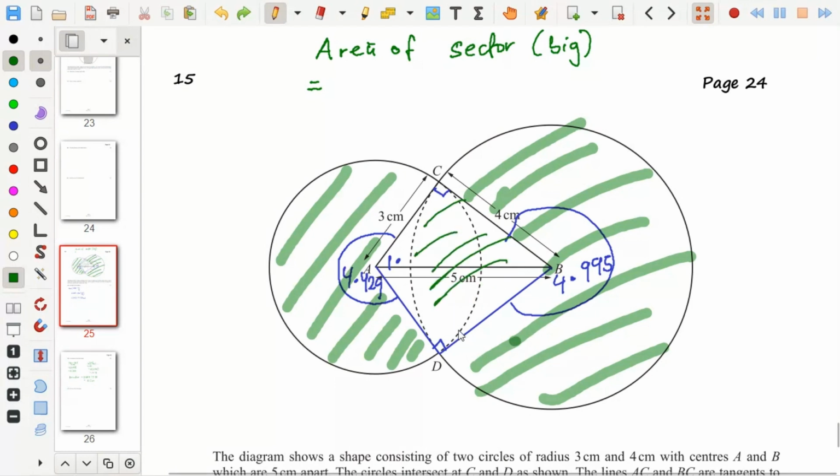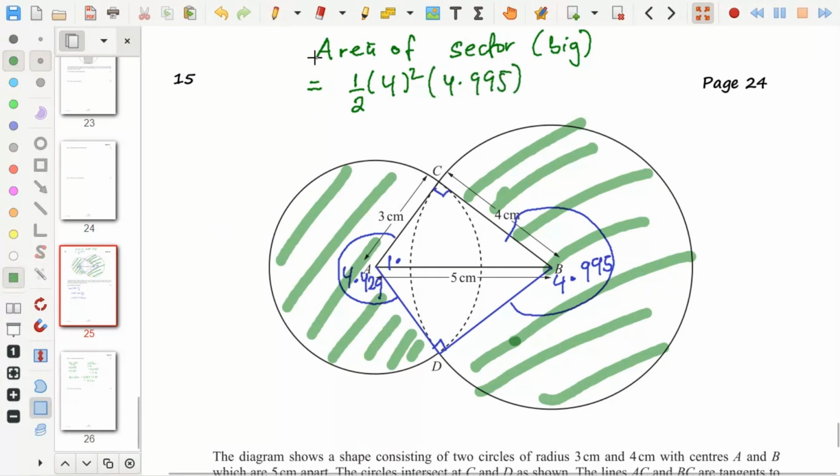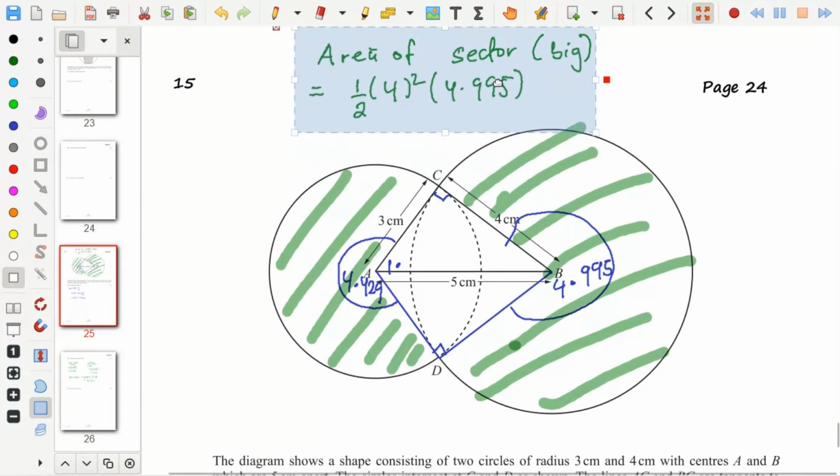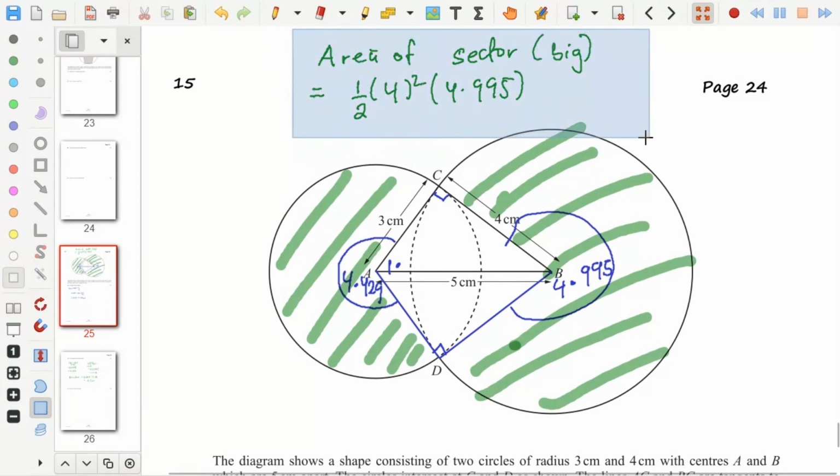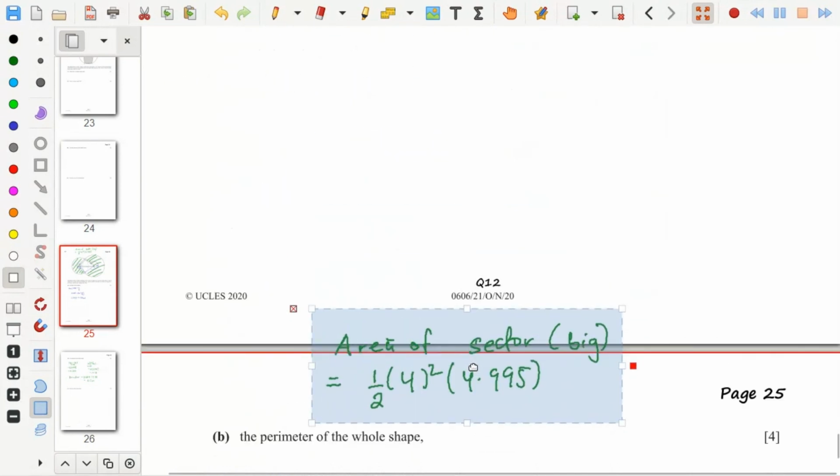So I don't want to use that word. I want to rather use big and small. So half your radius, 4 squared. Your angle is 4.995. Let's cut and paste. Okay, let's go now and see.